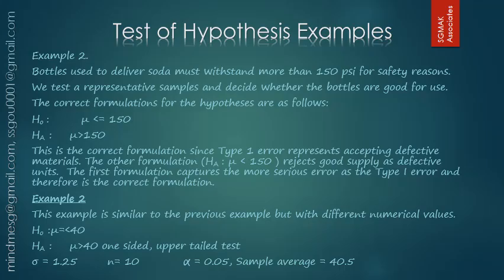Now I show quickly another example with a one-sided test. In this case, the null is mu 40 or less, the alternate is mu greater than 40. This is one-sided. Sigma is given as 1.25. We're using a sample size of 10, 5% type 1 error, and we have a sample average of 40.5.